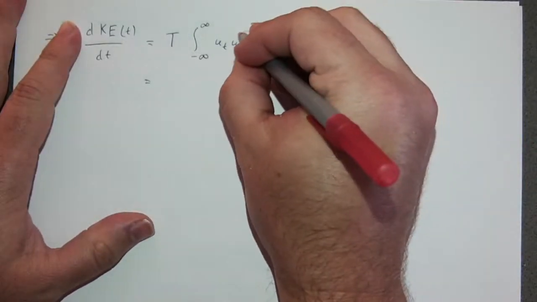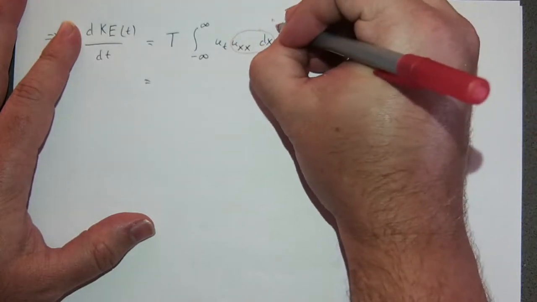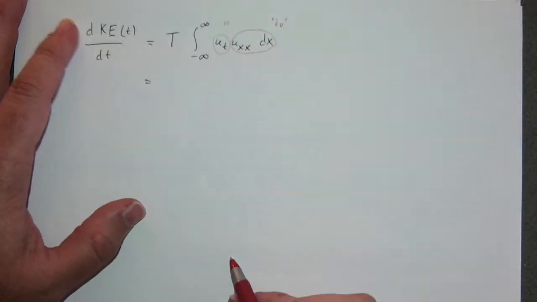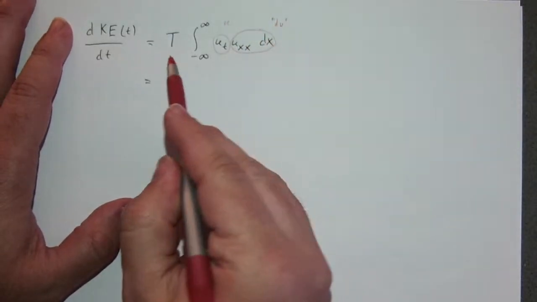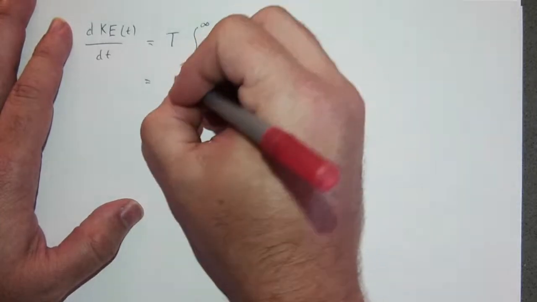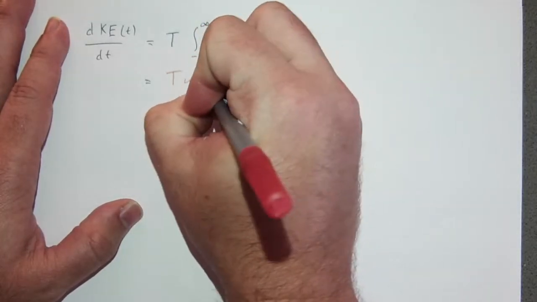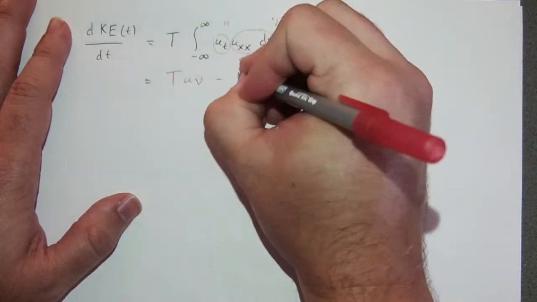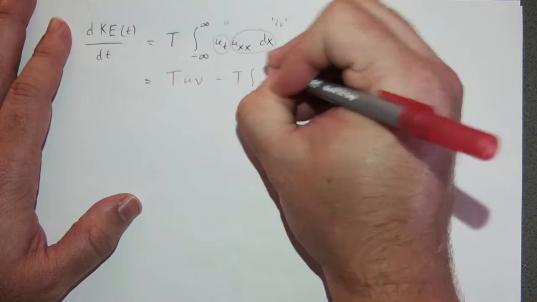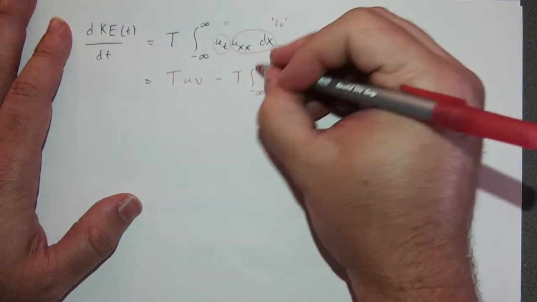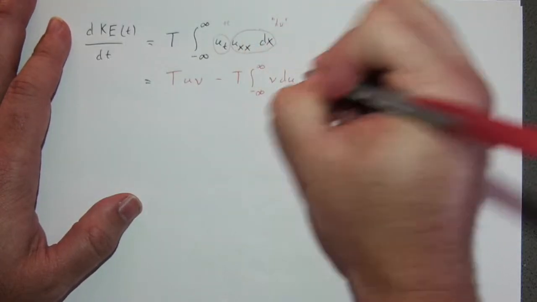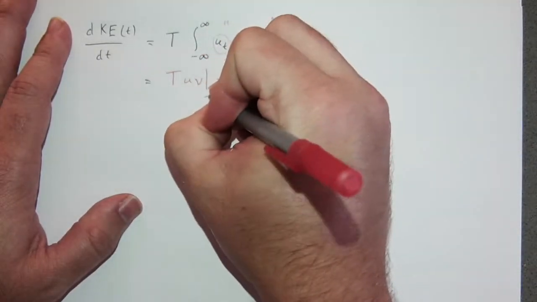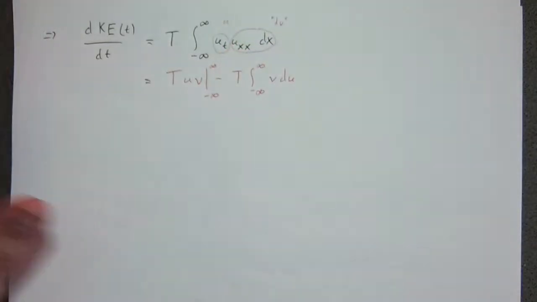If this is my dv and this is my u, then the expression I should get is t uv minus t times the integral from minus infinity to infinity of v du. And of course, since this is a definite integral, this is the expression that I should get.